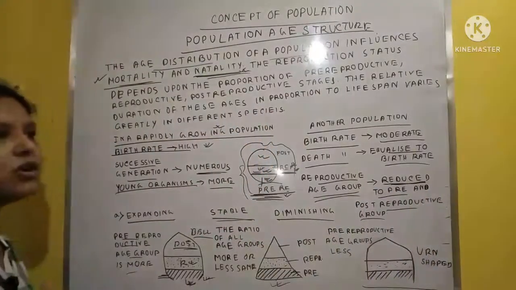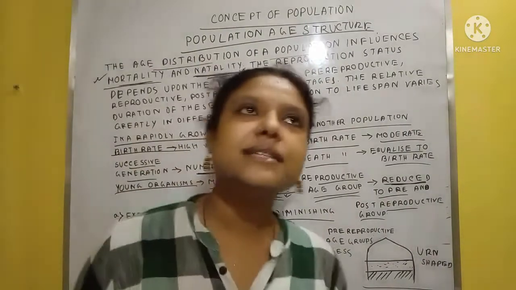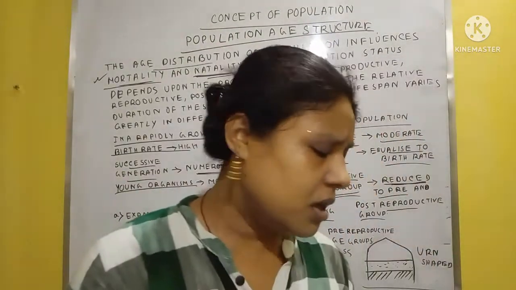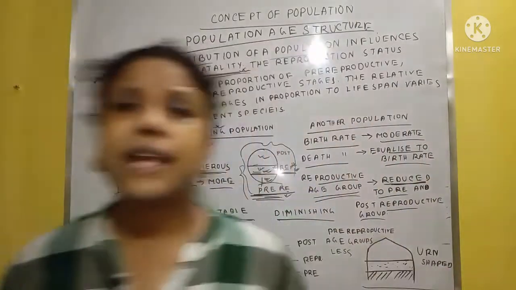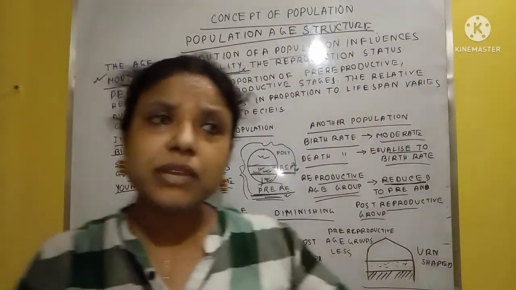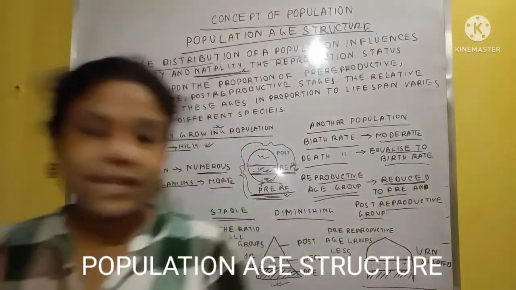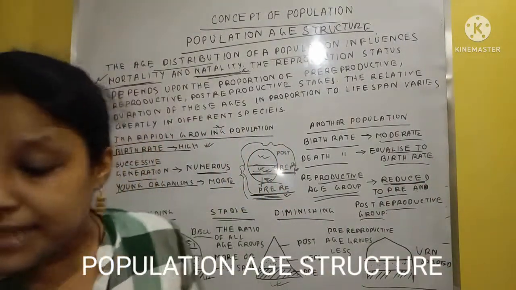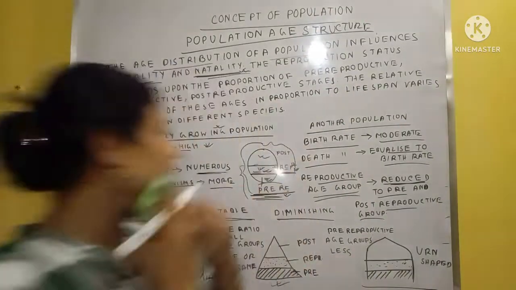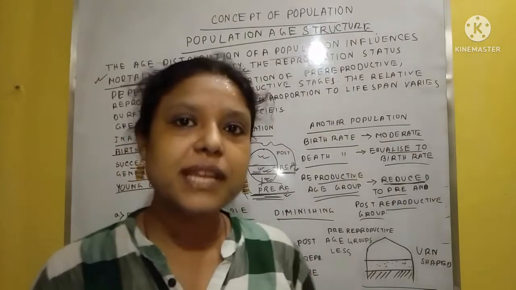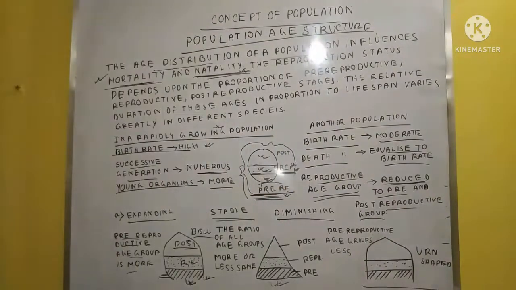Why reduced? Because in the case of moderate rates, where the natality rate and the mortality rate are almost equal, this rate and that rate are equal. In that situation, what happened?